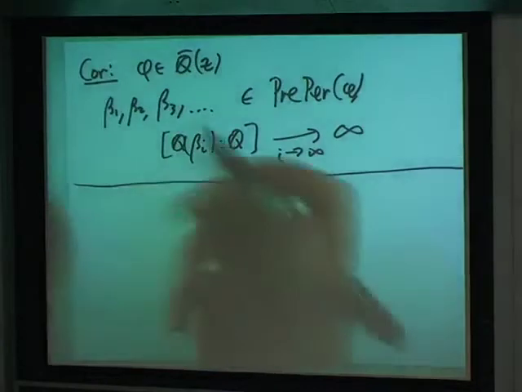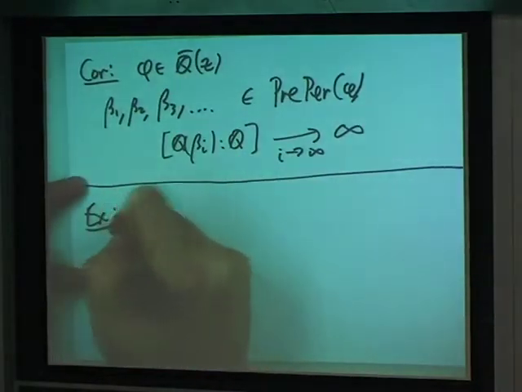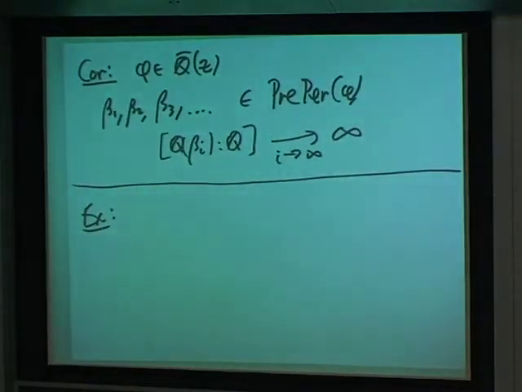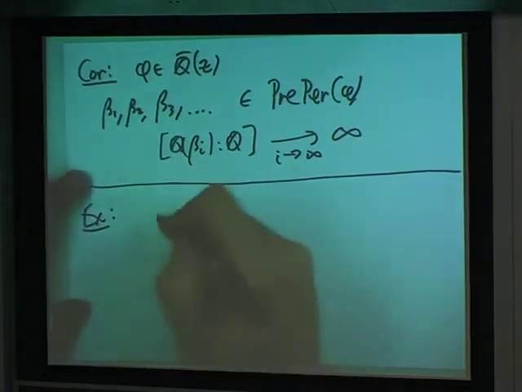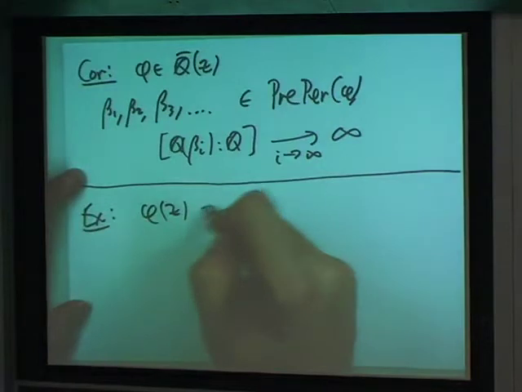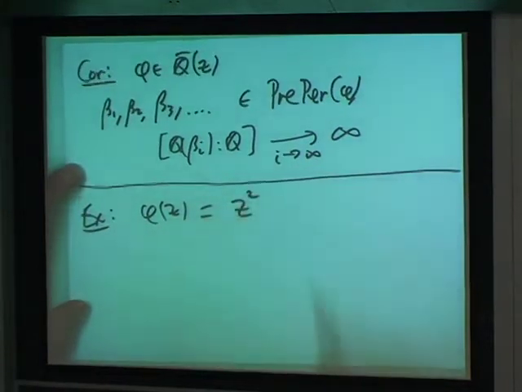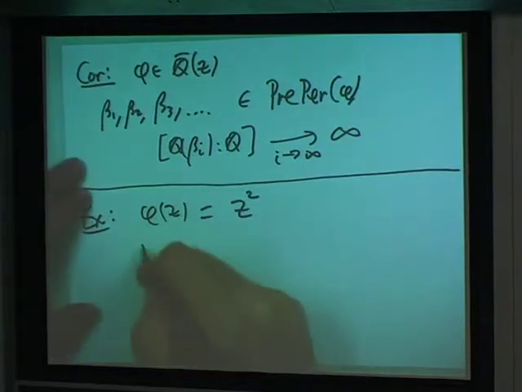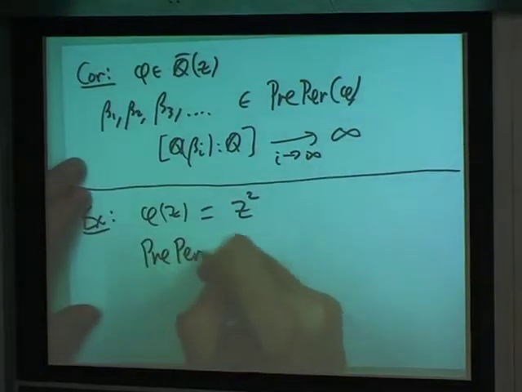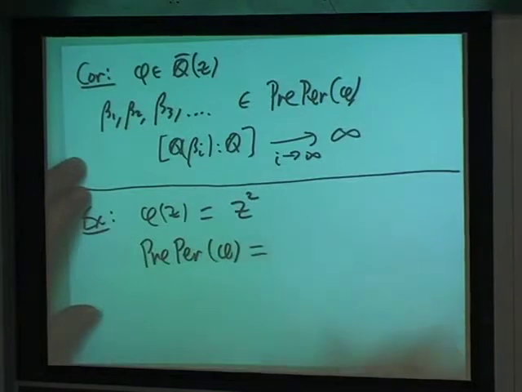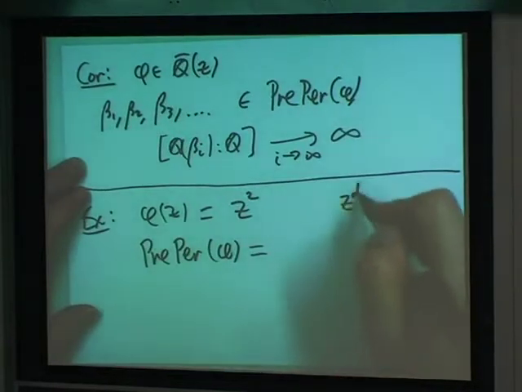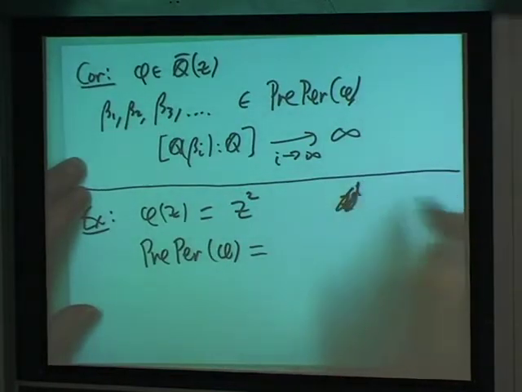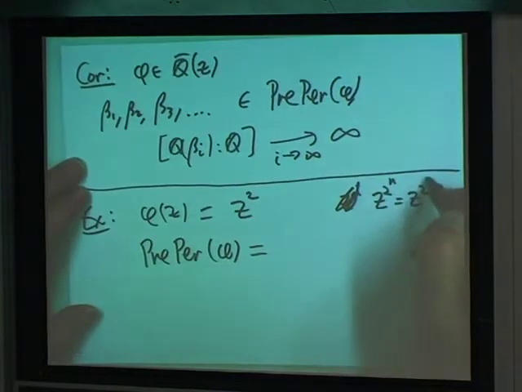Let me just give an example, and of course, for most rational maps, you really can't explicitly write down at all what's happening. But there are just a few rational maps where it's relatively easy. So if we take phi of z equals z squared, what are the pre-periodic points of phi? Well, there'll be solutions of z to the 2 to the n equals z to the 2 to the m.